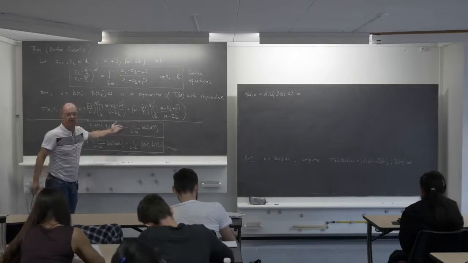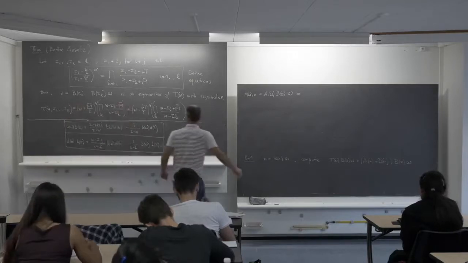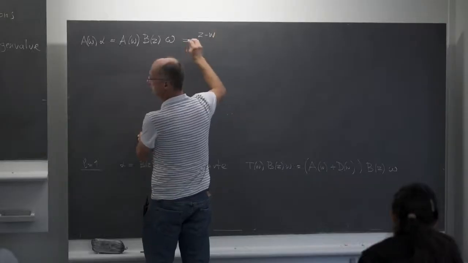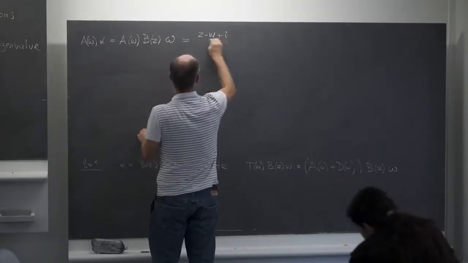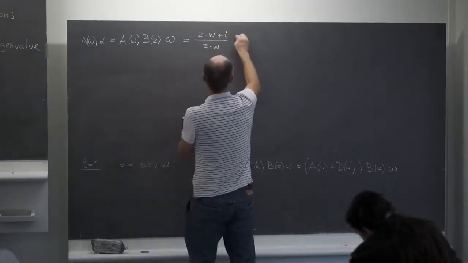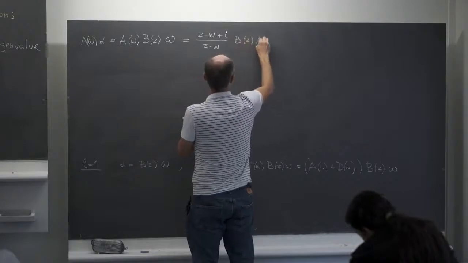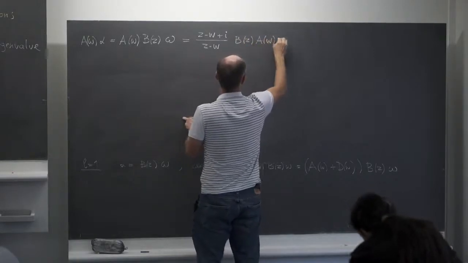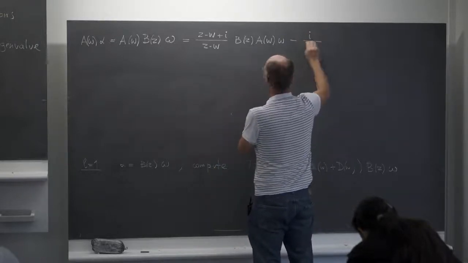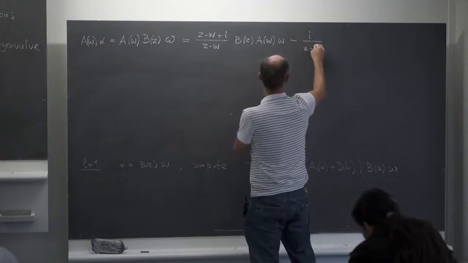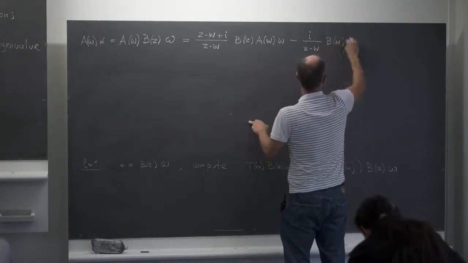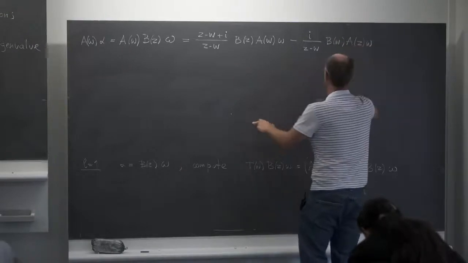We are now using this relation, and this gives z minus w plus i over z minus w, B of z A of w omega, minus i over z minus w, B of w A of z omega.